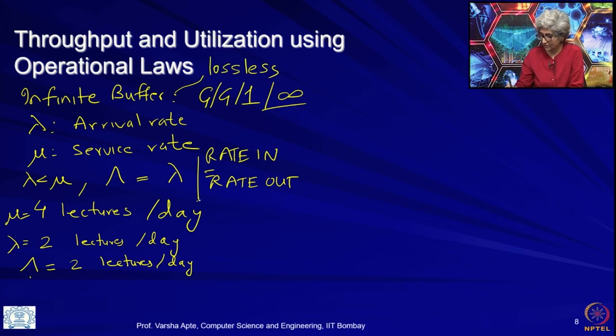Okay. Now, let us take the same example. Okay, you can watch 4 lectures per day but now this is not the case, what is coming to you is actually 6 lectures per day. Okay. But you can watch only 4 lectures per day. Okay. Suddenly the website is putting 6 lectures per day, then what will your throughput be?